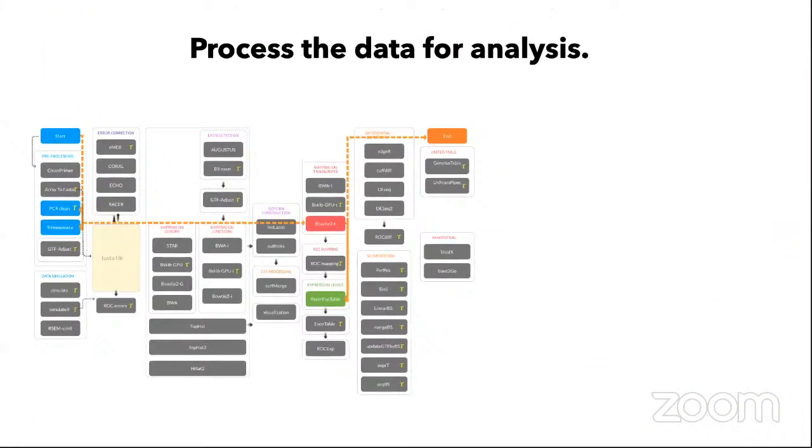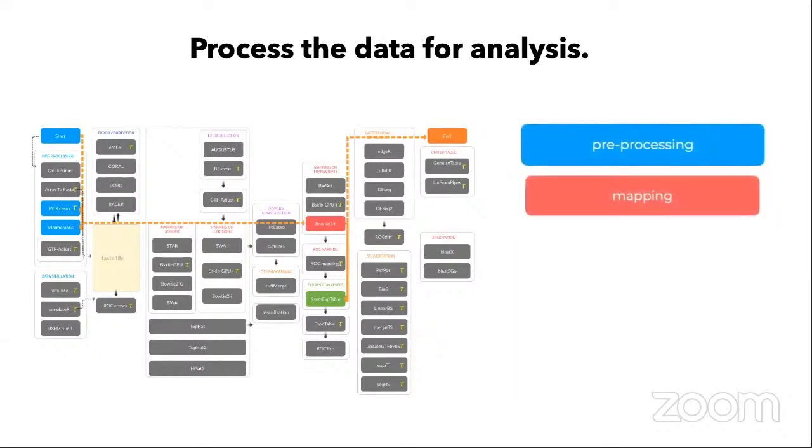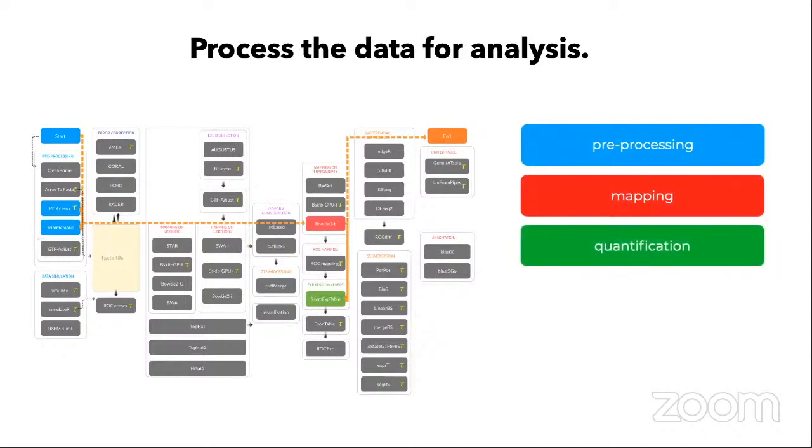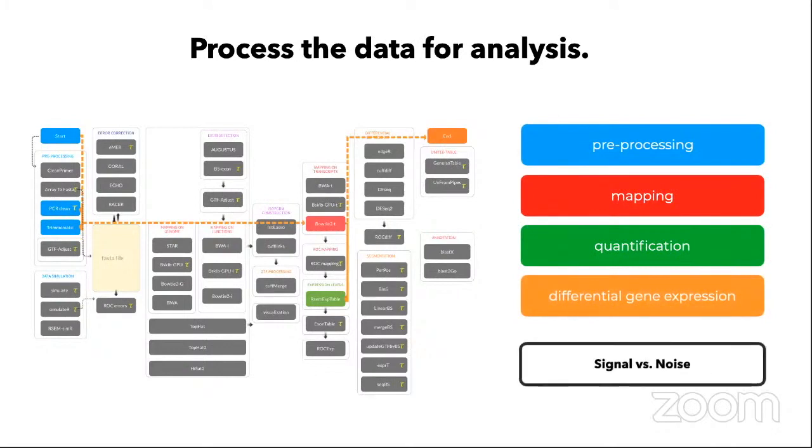For example, when we looked at the sequence read archive, those contain individual reads from sequencers. Those need to be pre-processed, then they have to be mapped. If it's gene expression, you have to go to quantification, maybe differential gene expression, and then you're free to start asking the question, what is the signal to noise ratio? What kind of signal am I looking for that can help answer my question?